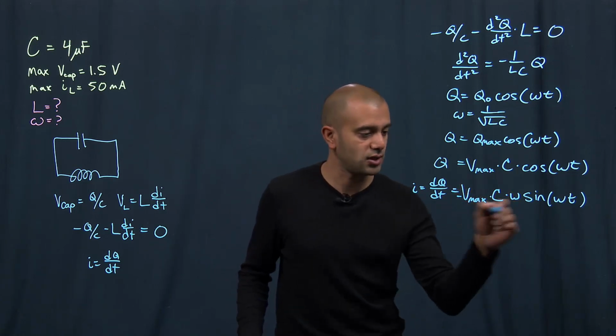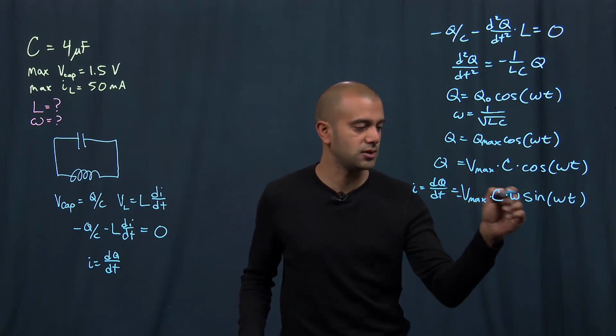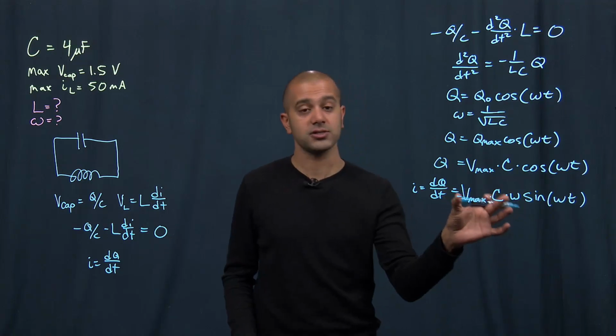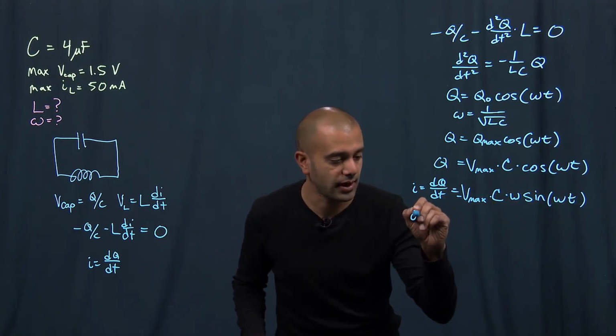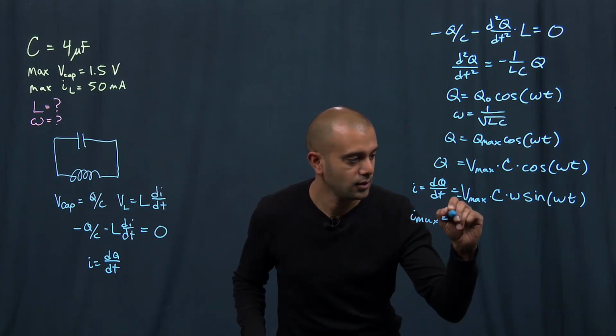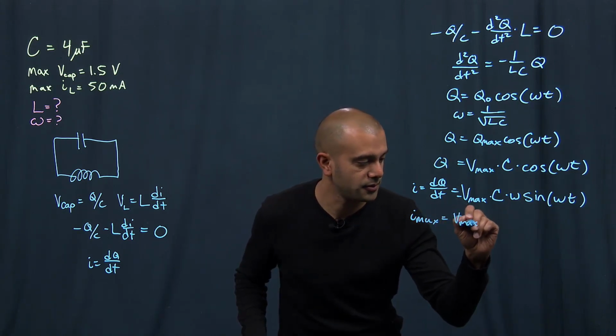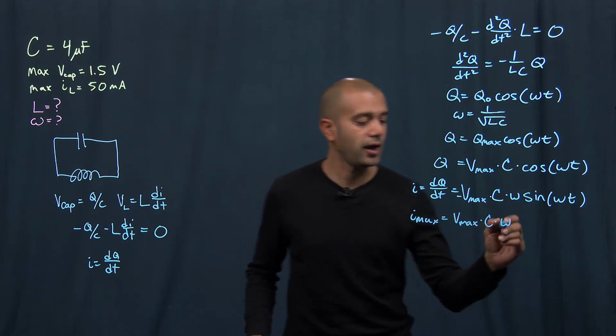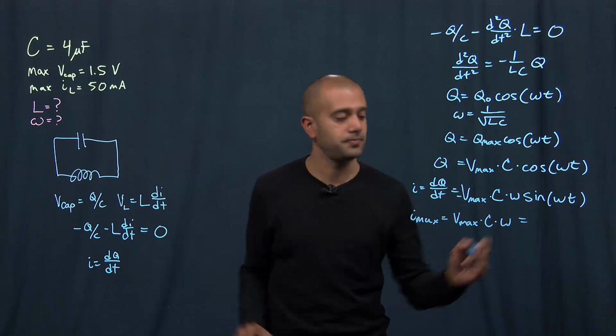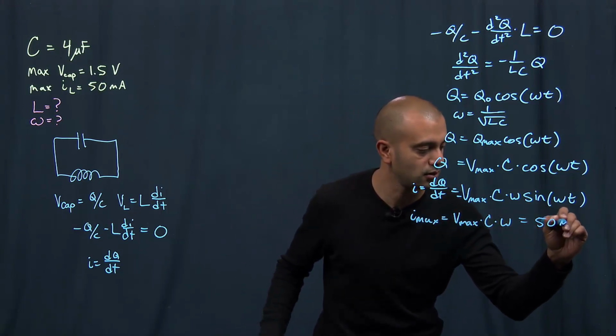So again, the absolute value of the coefficient, which is these three factors multiplied, is the max current you can have through the inductor because this can only be as big as 1. So the max current is the product of the max voltage, the capacitance, and the oscillation frequency. And we know that this has to equal 50 milliamps as given in this problem statement.